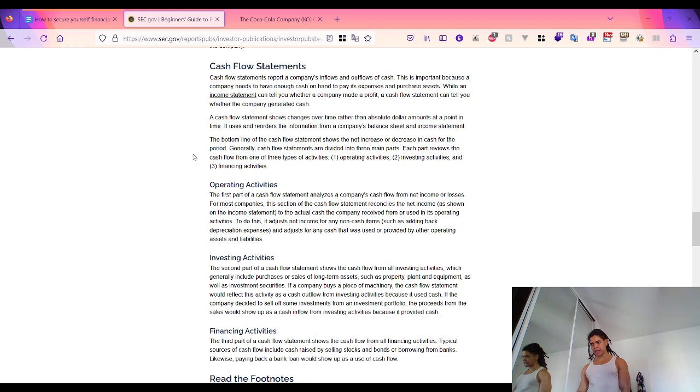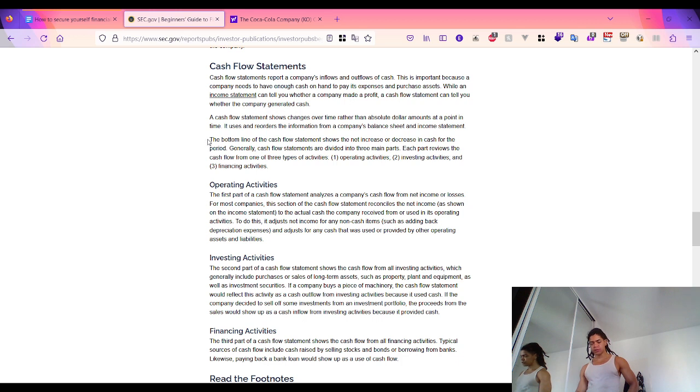Okay, so a cash flow statement shows the change over time rather than the absolute dollar amount at a point in time. It uses and reorders the data from the balance sheet and the income statement.